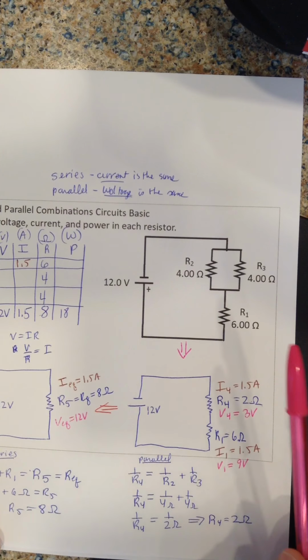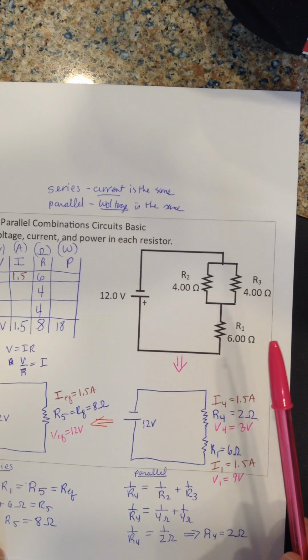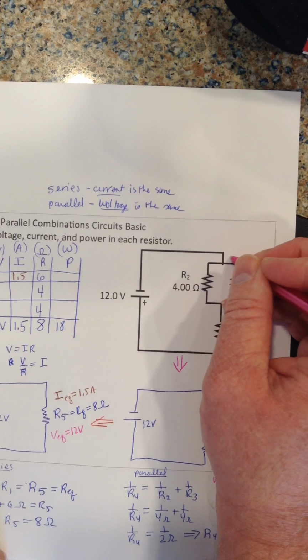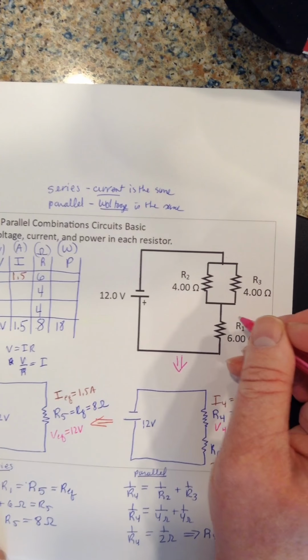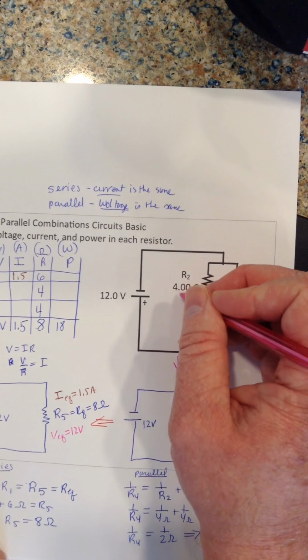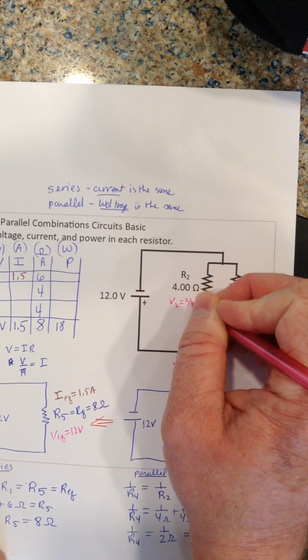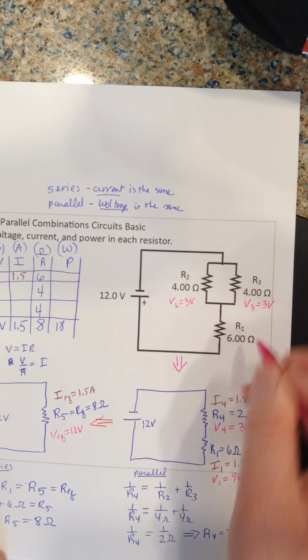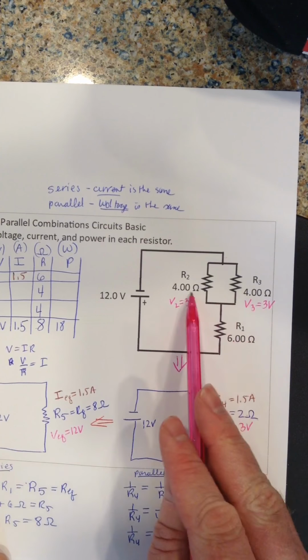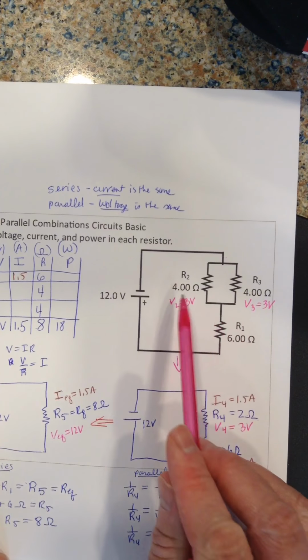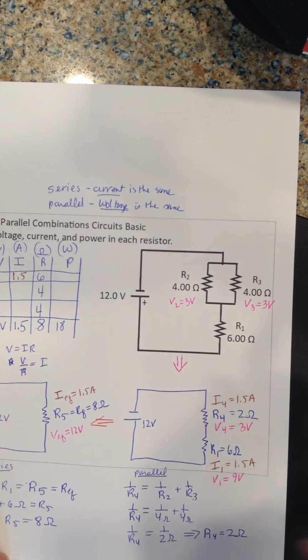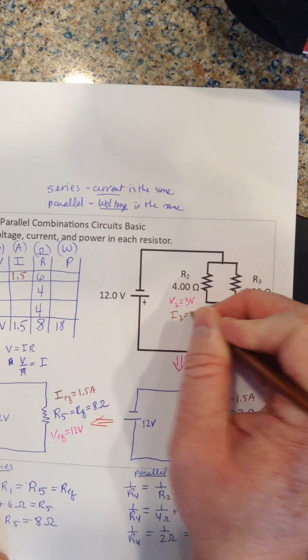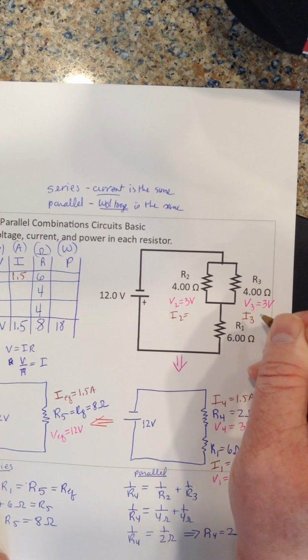Alright, well that's kind of cool. So that means this whole thing has 3 volts, right? So V2 is 3 volts and V3 is 3 volts, because in parallel you get the same voltage in both places. That means I can figure out I2 and I3.